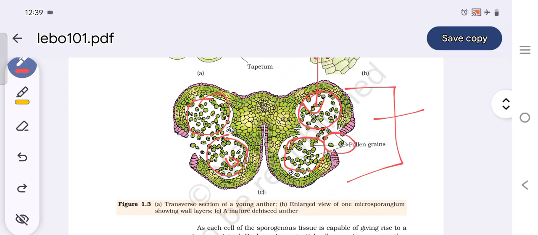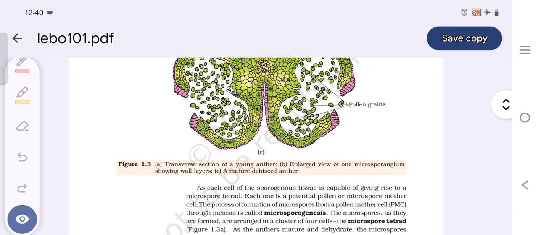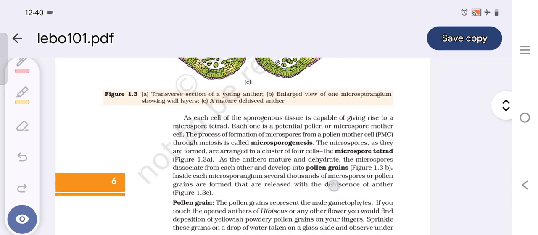So this is an enlarged view of a matured anther, which is ready for dehiscence, meaning the pollen sacs burst to release the pollen grains. So that's regarding the diagrams.